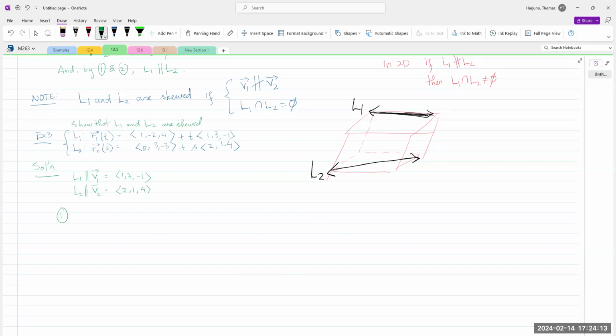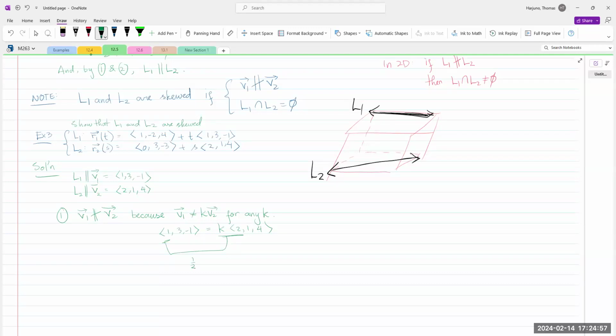Okay, first one, v1 is not parallel to v2 because v1 is not equal to a scalar multiple of v2 for any k. Take a look. (1, 3, -1) equals k times (2, 1, 4). If you have such k, then your k will be 1/2, right?